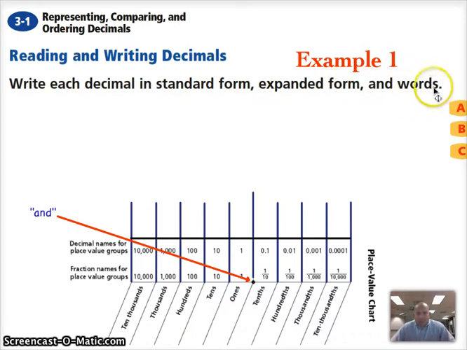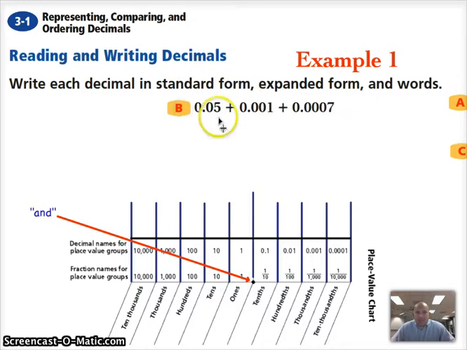Now before we get into the actual problems, I do want to show you the examples of standard, expanded, and words. This is standard form. It is the number written as what we would see normally. 1 and 5 hundredths, standard form.